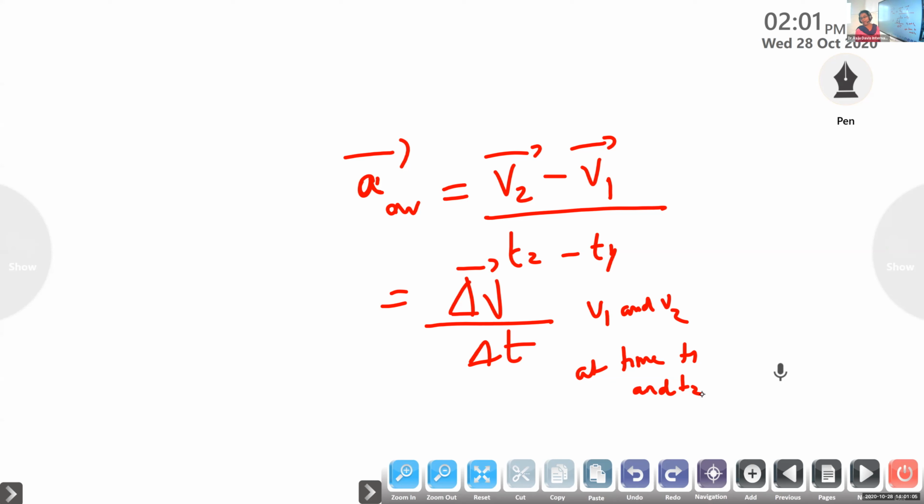Why are we taking average acceleration? Because acceleration changes. It's a non-uniform motion. We are not representing straight line motion. That is why.